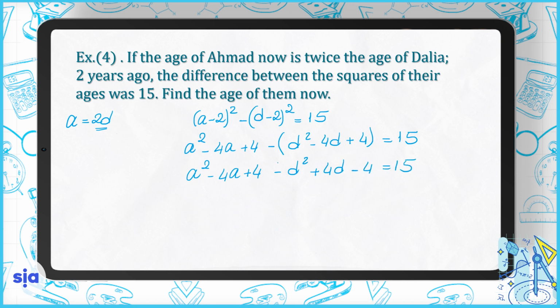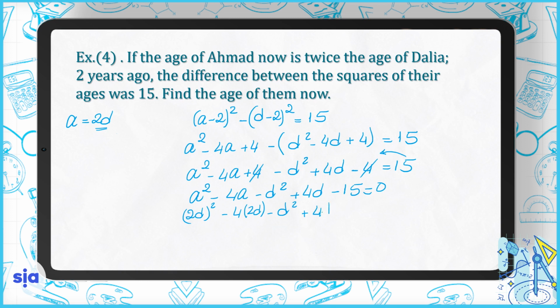To simplify this more, it's a squared minus 4a plus 4 minus d squared plus 4d minus 4 equal to 15. Positive 4 and minus 4 cross out together. We can now put the 15 inside, so it's a squared minus 4a minus d squared plus 4d minus 15 equals 0. We can now substitute a by 2d. So it will be 2d all squared minus 4 times 2d minus d squared plus 4d minus 15 equals 0.